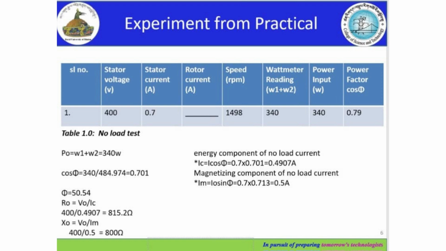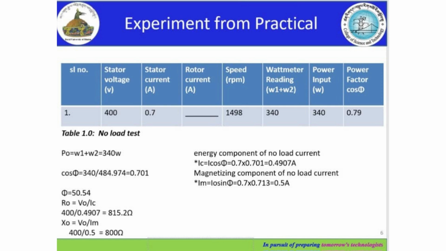From there we can also calculate the power factor, which is equal to the P divided by root 3 times V0 times I0. And then we have the value of P0, which is equal to the 340 divided by root 3 times I0. We have 0.7 times V0, which is the rated voltage, which is 400.